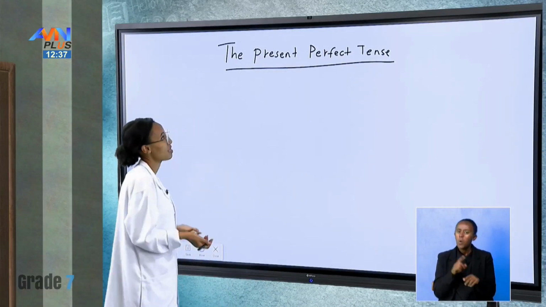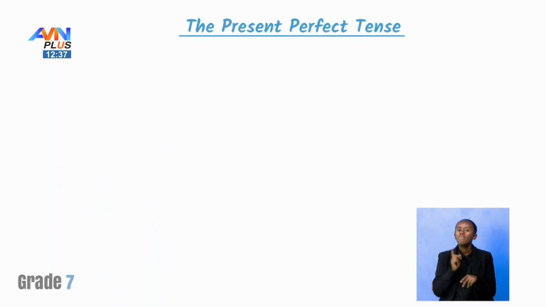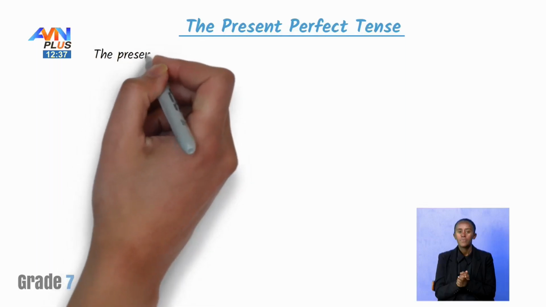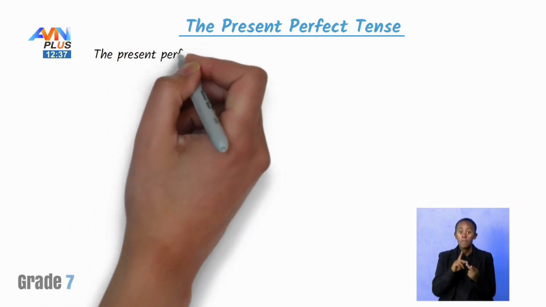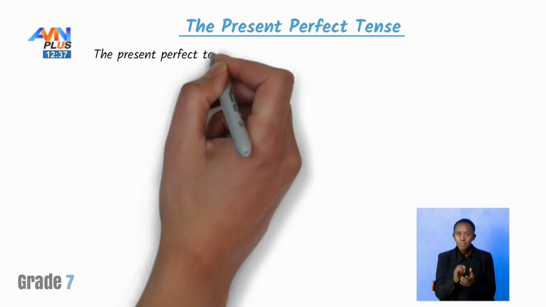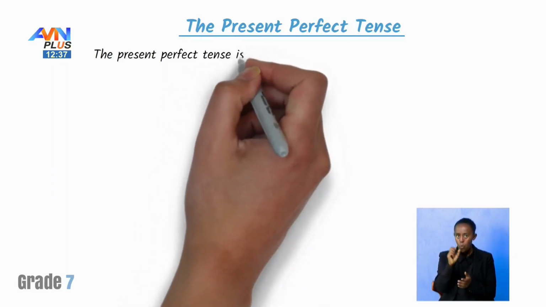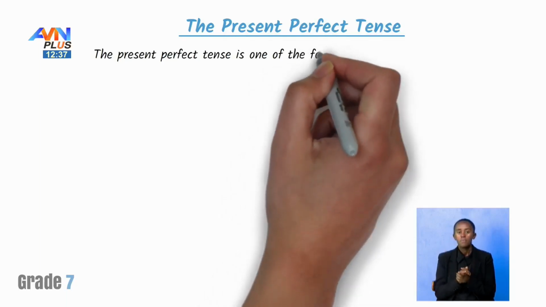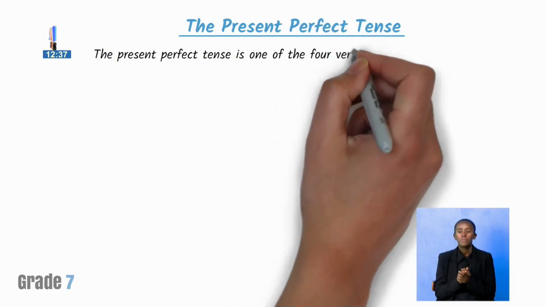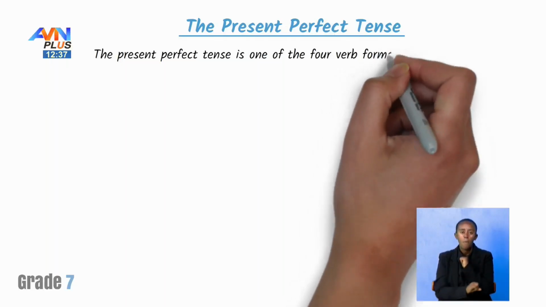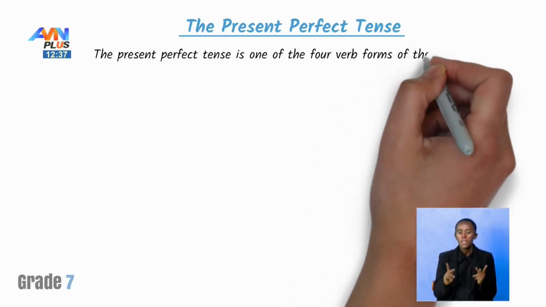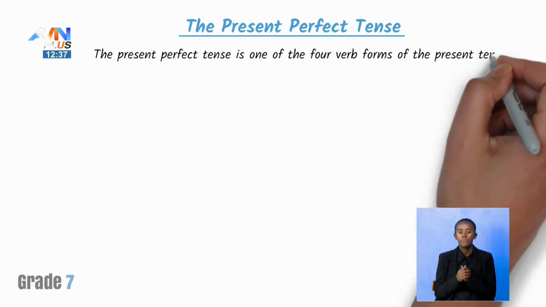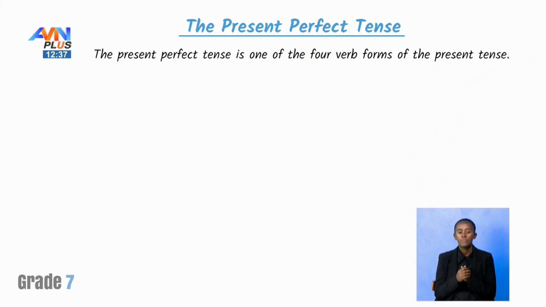The present perfect tense is one of the four verb forms of the present tense. One of the four forms.